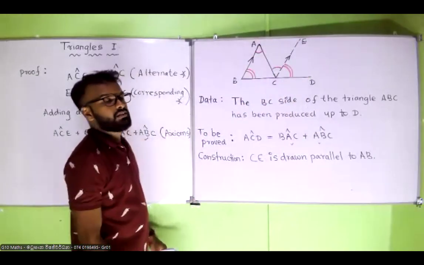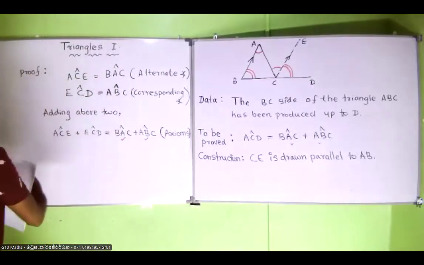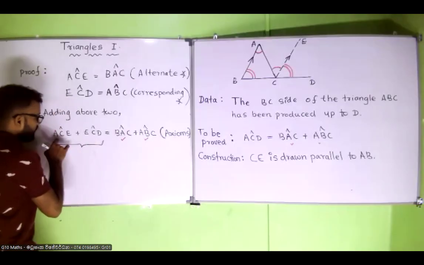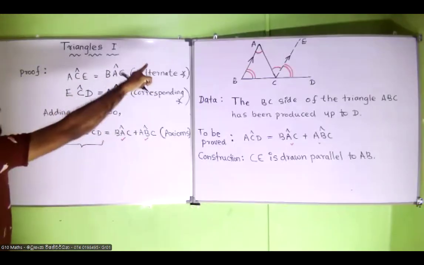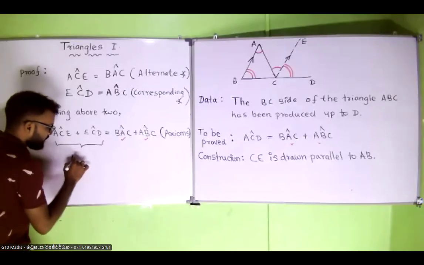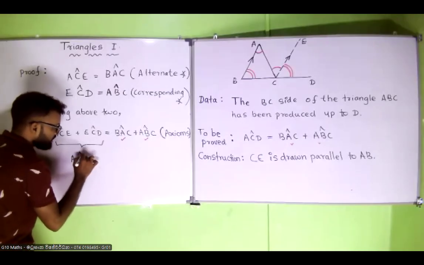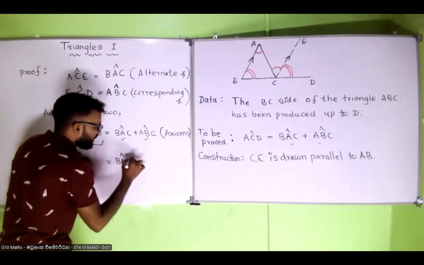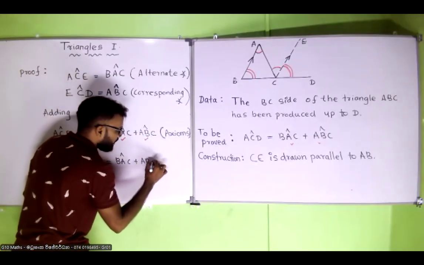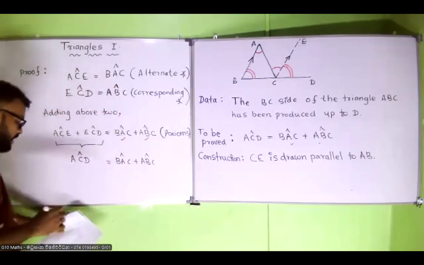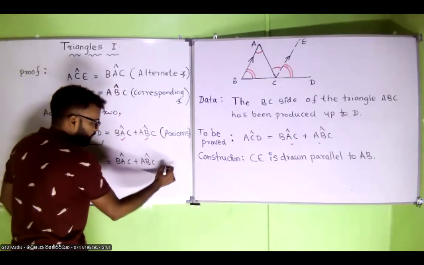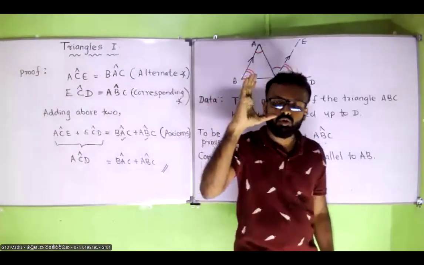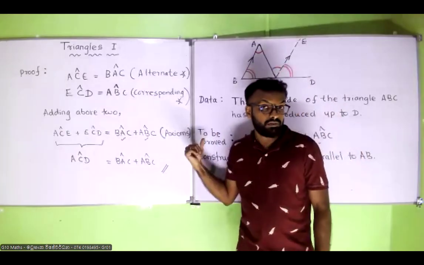So we can directly write ACE plus ECD means our ACD, that means our exterior angle. Angle ACD equals angle BAC plus angle ABC. So we have already proved our theorem. This is how we do a proof.